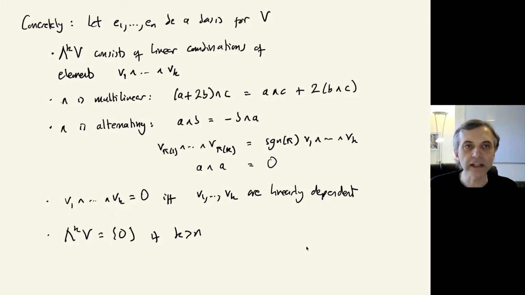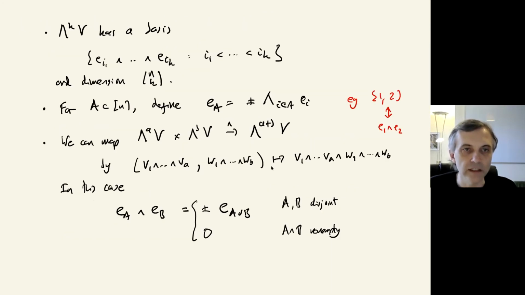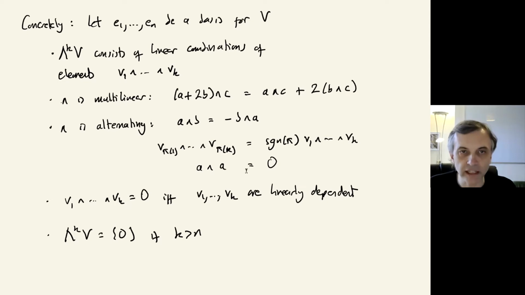Okay, so the kth exterior power has these various properties. Let's carry on. What about a basis? It's nice if you can take things back to a basis. Going back a second, if I think about v1 up to vk wedged together, I could write each vi as a linear combination of e1 up to en, and I can use multilinearity to expand it out. So everything comes as a linear combination of wedges of k standard unit basis vectors.